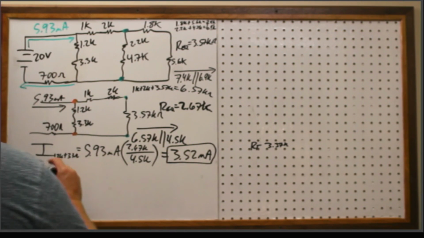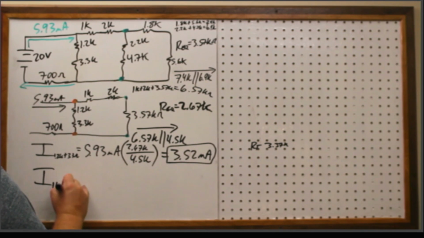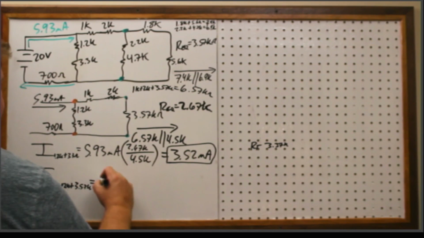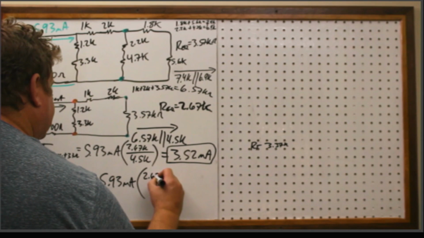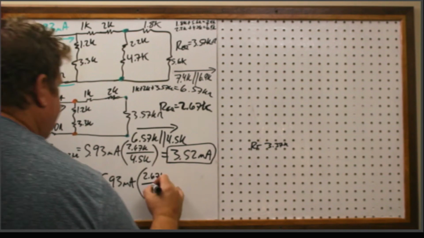Now the current through this other side, which is the 1K plus the 2K plus the 3.57K. So 5.93 comes into the node. 2.67K over, now this one is 6.57.